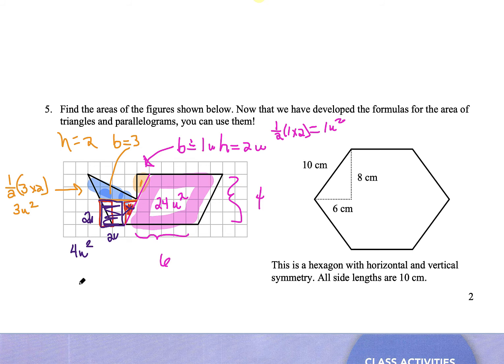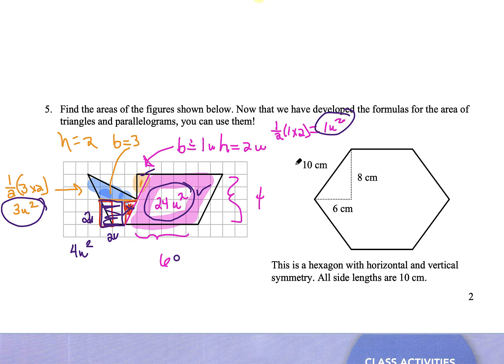So now, to find the total area, we end up with adding 24 square units with 1 square unit, so this pink parallelogram and this triangle, and then 3 square units.